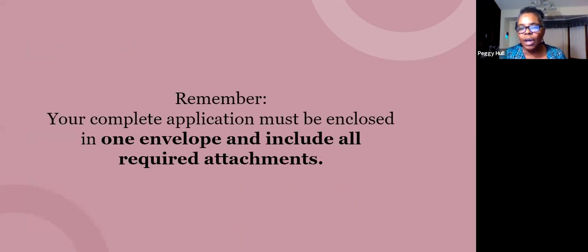Remember, once all these things are done and you've finished completing the application, you get your large envelope and you put these things in there based on when they're mentioned on the application. Then you put them in there really neat, address the envelope, and you're done.